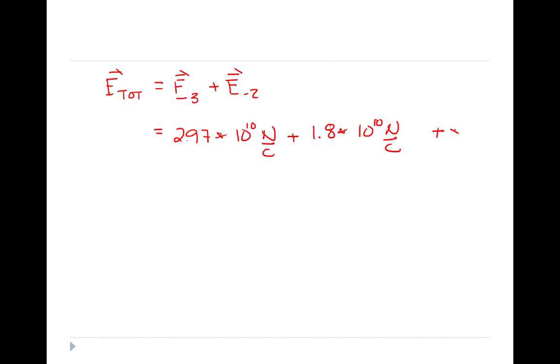I'm going to make a little note to me over here that this is all going to be in the positive x direction, and that works out to be 4.77 times 10 to the 10th newtons per coulomb. And I have found the magnitude and direction of the total field in between these two charges.